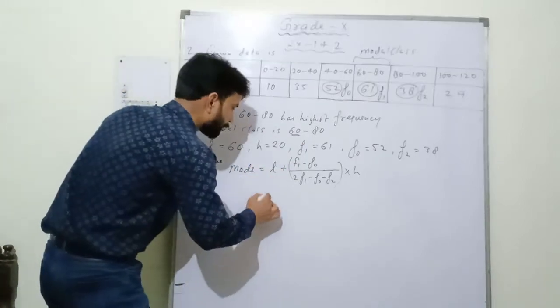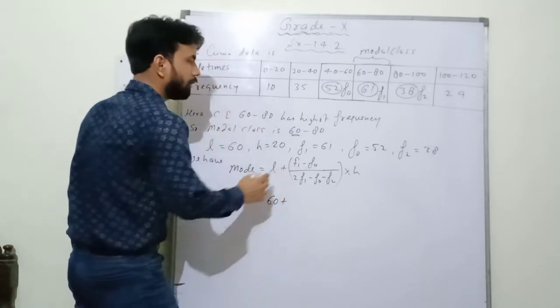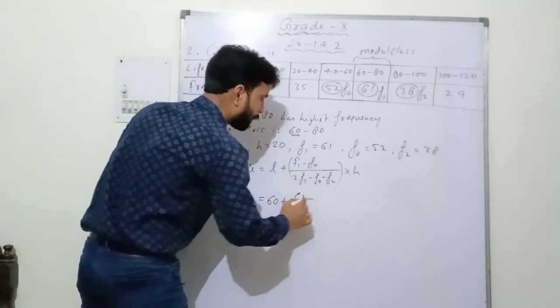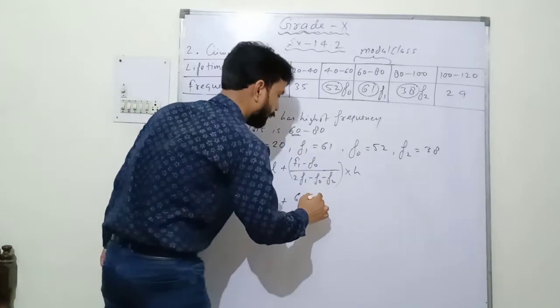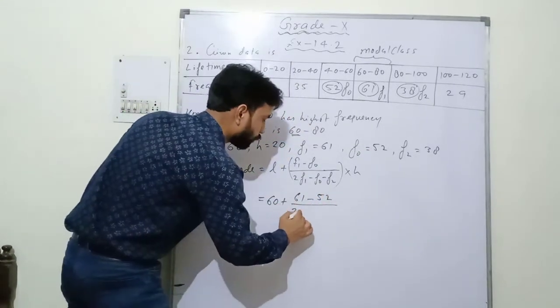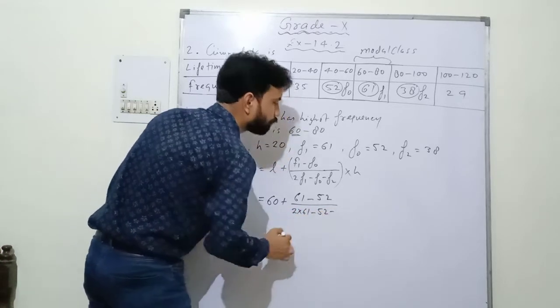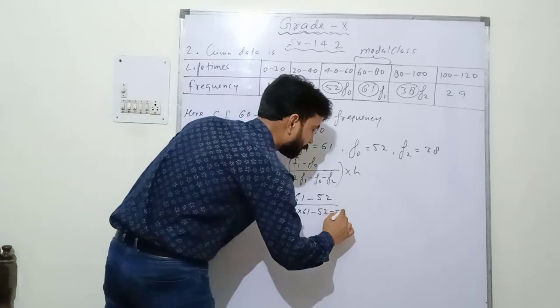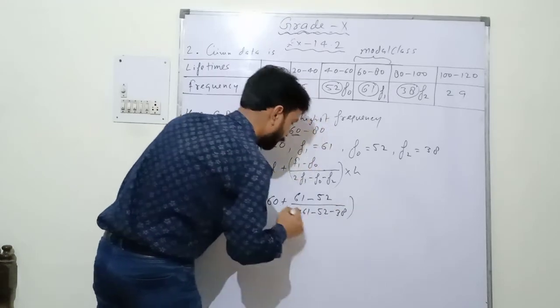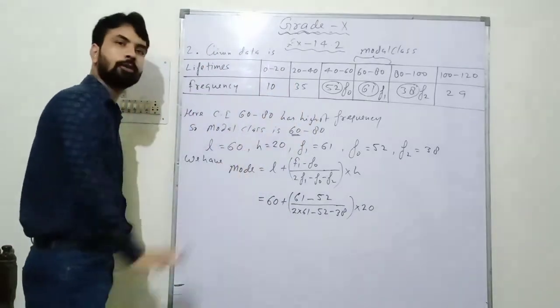After writing the formula, we will substitute the values of L, H, F1, F0 and F2 here. So L is 60, plus F1 is 61 minus F0 is 52, upon 2 into F1 which is 61, minus F0 is 52, minus F2 is 38, into H is 20.